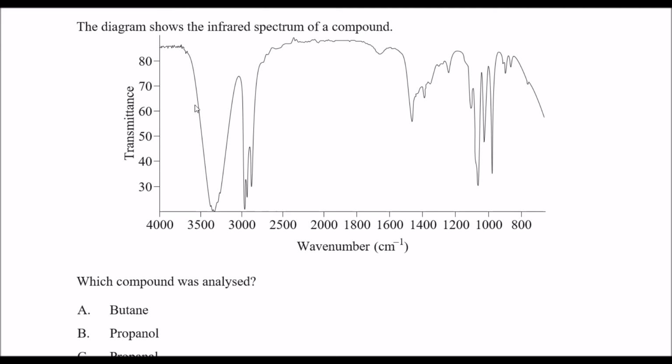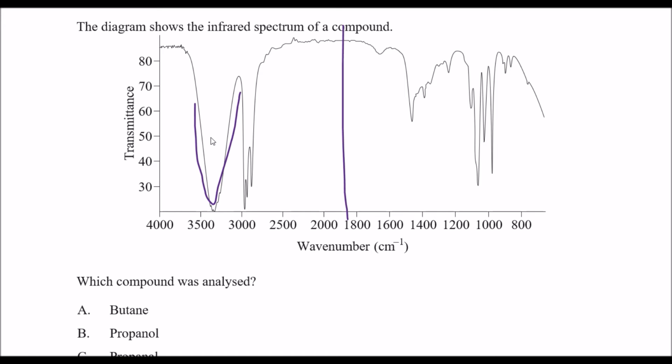All right, so if we have a look at the construction of this chart, remember if we split it off, this on the left hand side, that'll tell us the main functional group that we need to look into. We have a very broad range from about 3,000 onwards to 3,500, so this should tell us a bit of information.